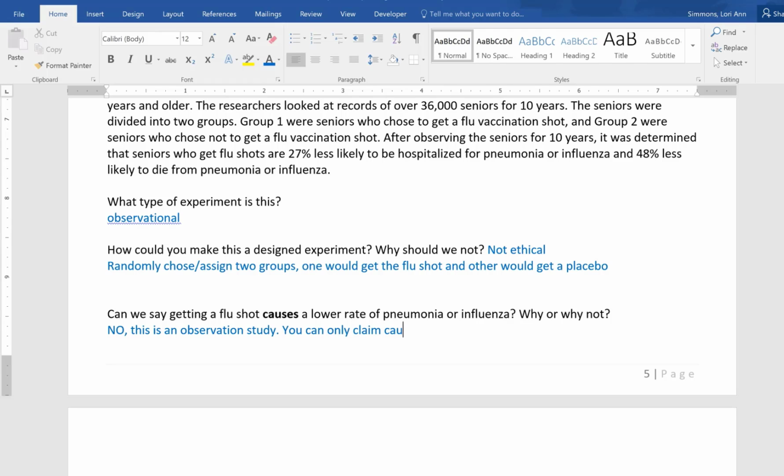Messing my words up today. You can only claim association. So we can say the flu shot is associated with a lower rate of pneumonia or influenza.